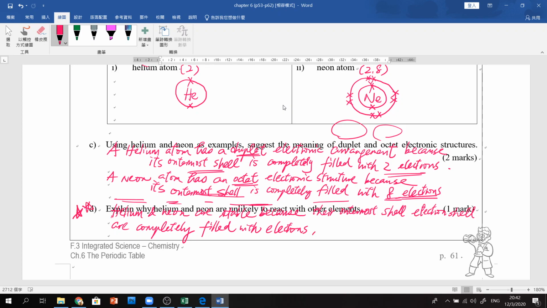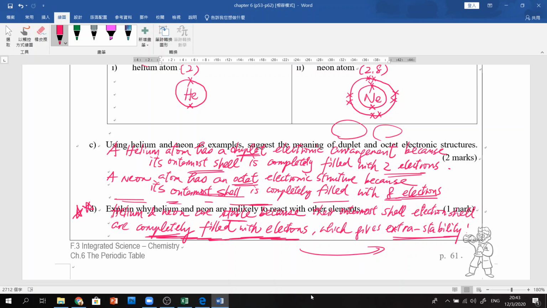So this is very important, which gives extra stability. Completely filled with electrons, extra stability. So we call that these two gases, they are quite stable.